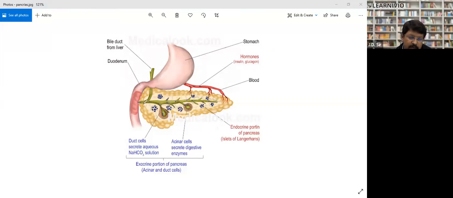As we have discussed, this is the hepatopancreatic ampulla. This part is the pancreas. The pancreas has two types of parts. The endocrine part of the pancreas has these star-like cells, called islets of Langerhans. They are responsible for secretion of insulin and glucagon, right? We'll discuss all these hormonal parts in the endocrine part, that is chemical coordination, which is actually the last topic of our digestive system.